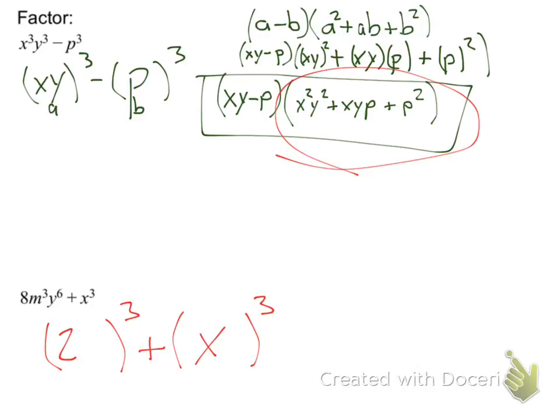To get m cubed, m. To get y to the 6, how do I get y to the 6 when cubing? It is y squared, because y squared cubed, you multiply 2 times 3, which is 6. You now have an a and a b. Plug it into the correct formula.